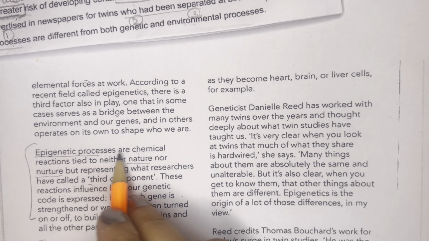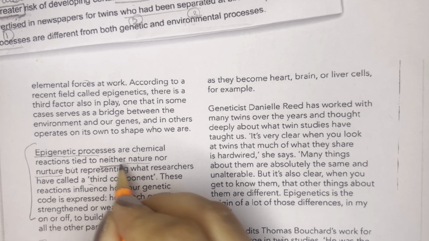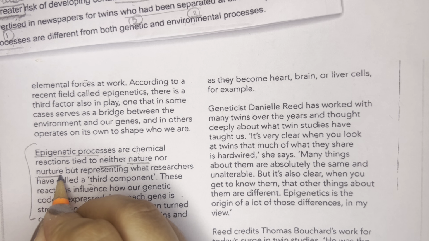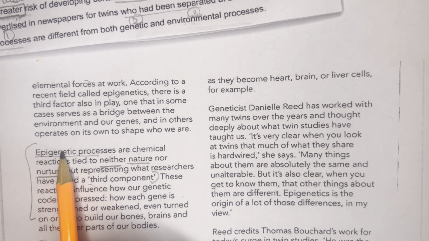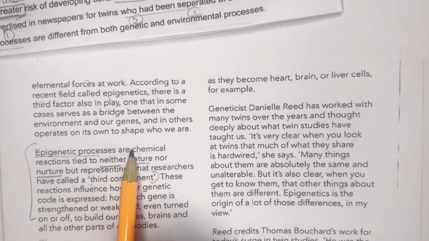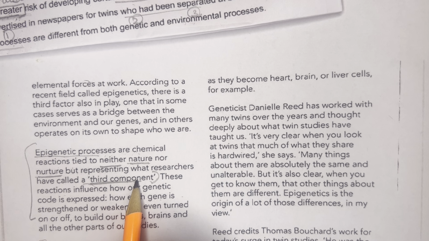So it says that epigenetic processes are chemical reactions tied to neither nurture nor nature, but representing what researchers have called a third component. That means these epigenetic processes are chemical reactions which are dependent on a third component which we do not know.